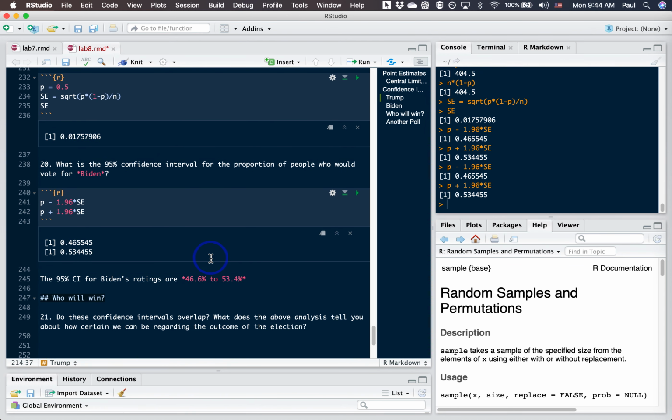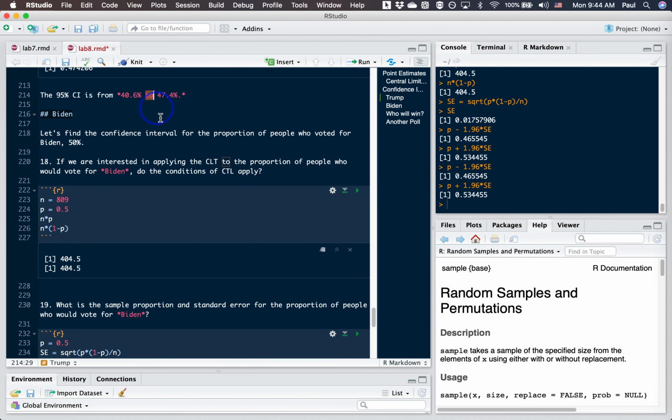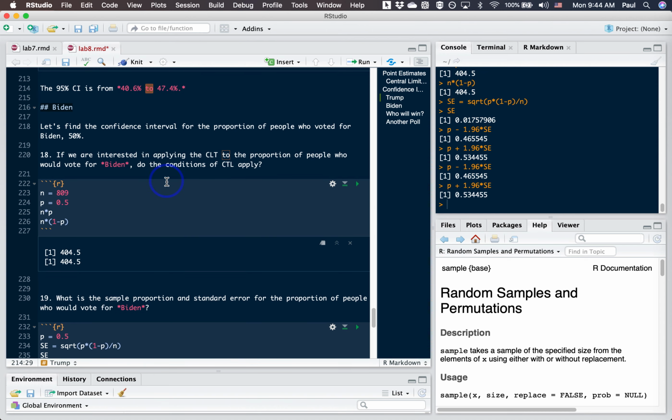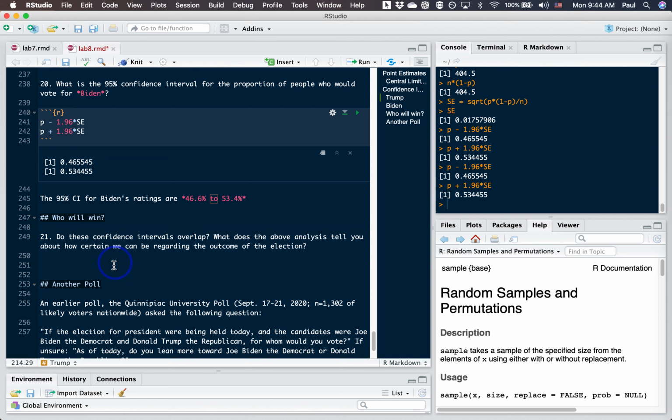And notice, since these overlap, that interval overlaps with this interval. With 95% confidence, using this tool, we don't have evidence Biden will win, because the confidence intervals overlap.